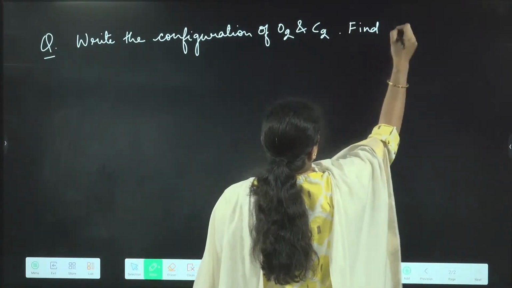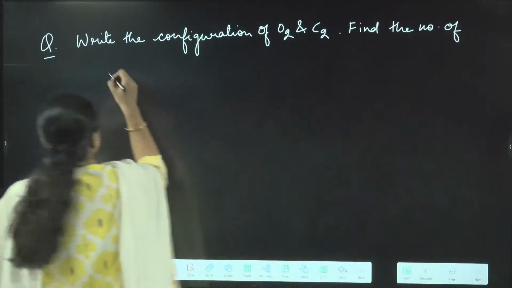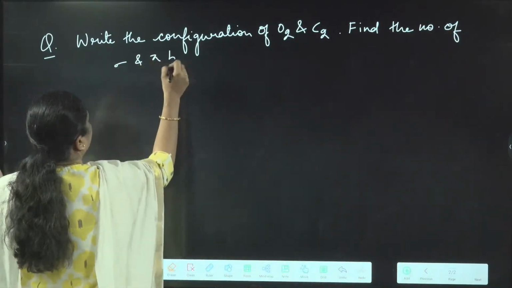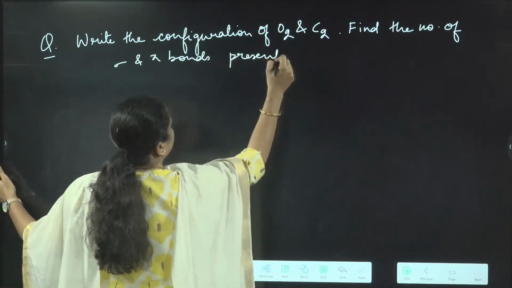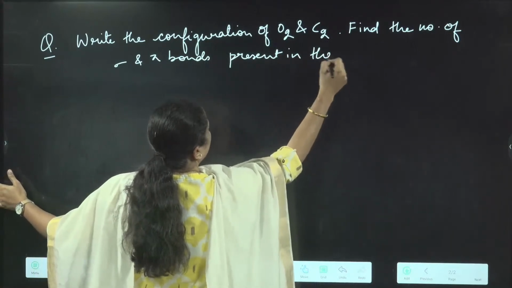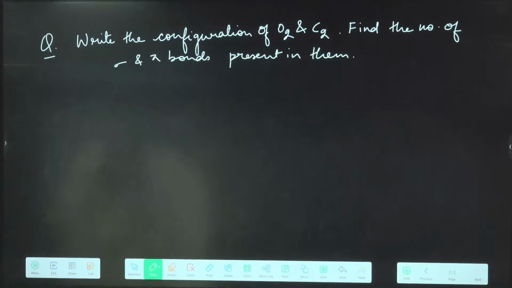Find the number of sigma and pi bonds present in them. Do it. Then we'll discuss this.